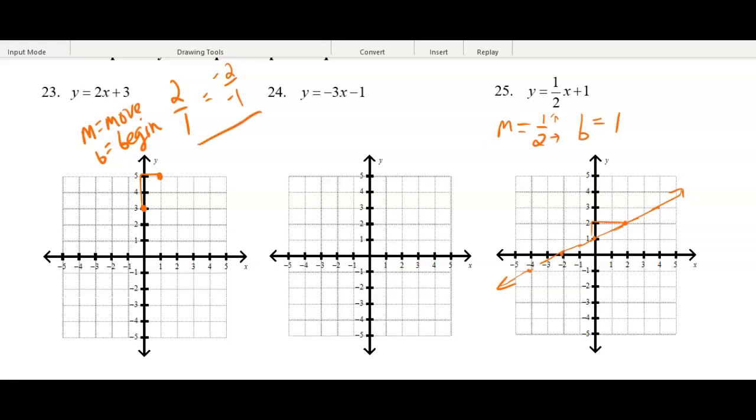They're equal. So instead of going up 2 over 1, I can also go down, because that's taking us to the negative direction, and also back 1, that takes me to the negative direction. And I can work it backwards and get some more dots on there. I like to have 3 or 4 dots before I sketch a graph.